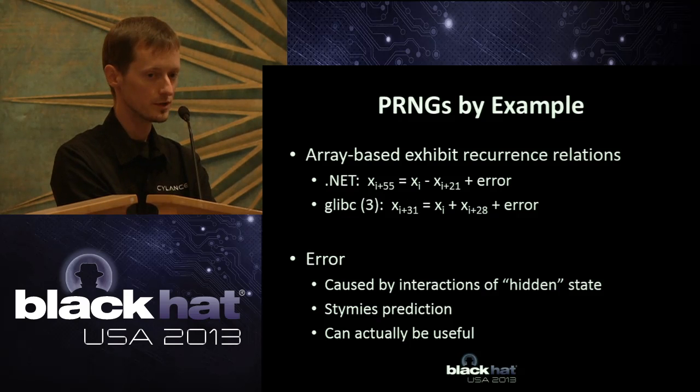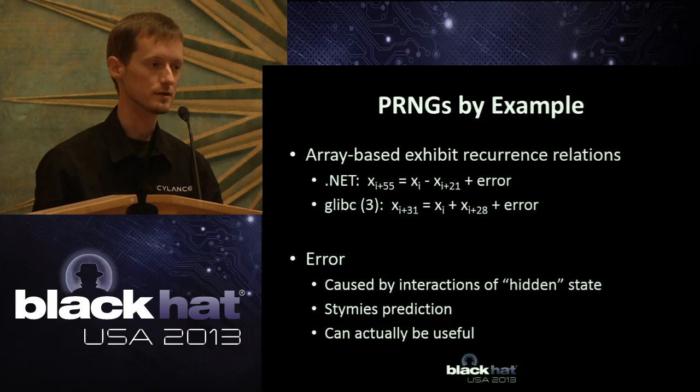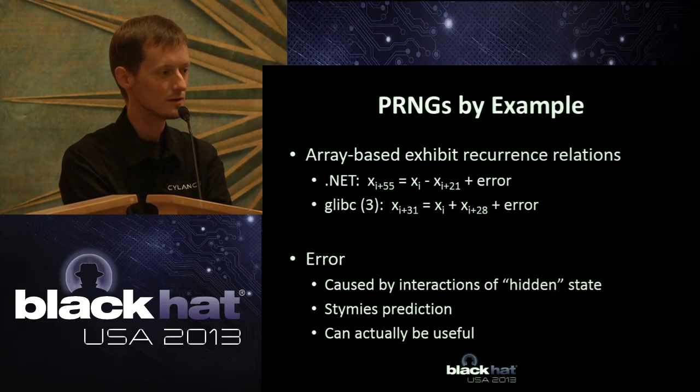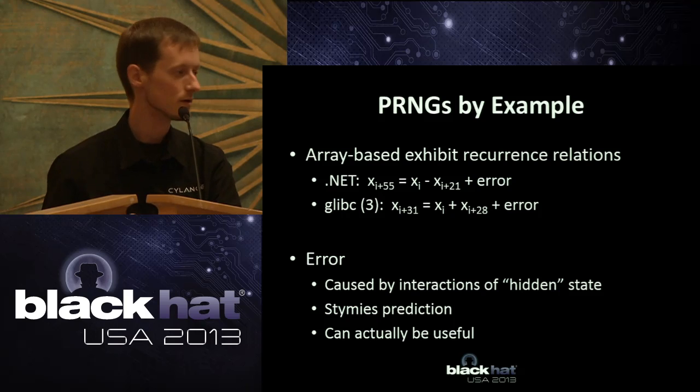Each time you make one of these predictions, there's a 50% chance that you'll be off by some fixed constant. That fixed constant tells you some useful information. For one, if you see one of these relations start to manifest, that tells you what PRNG you're up against.